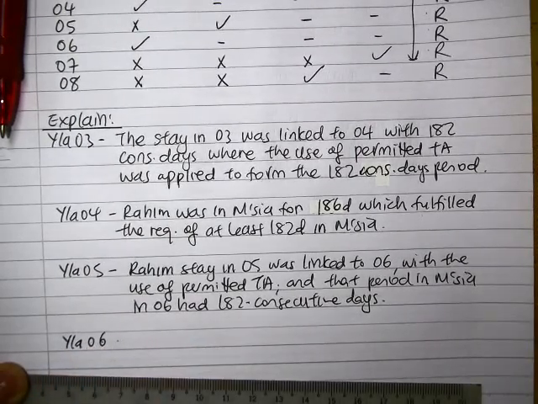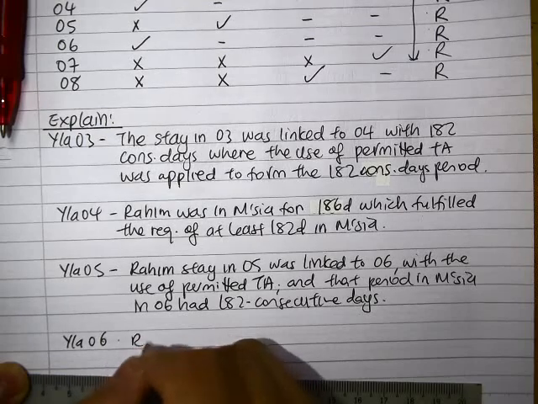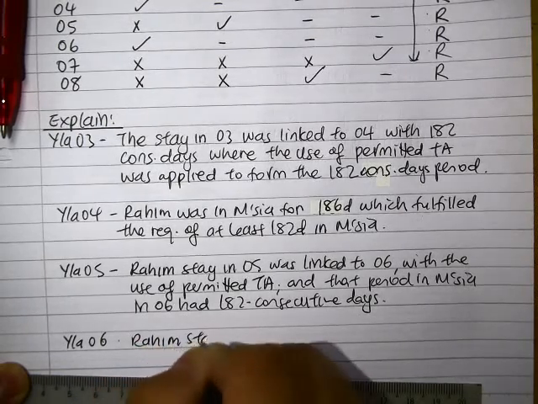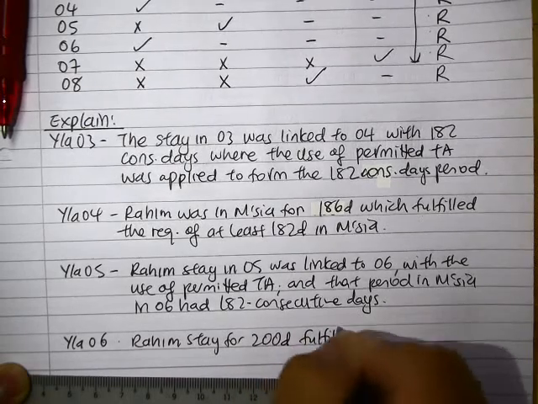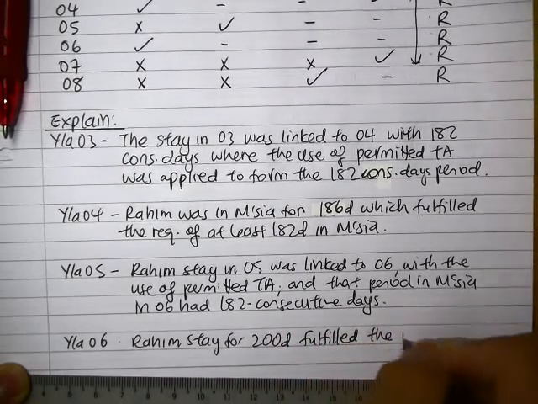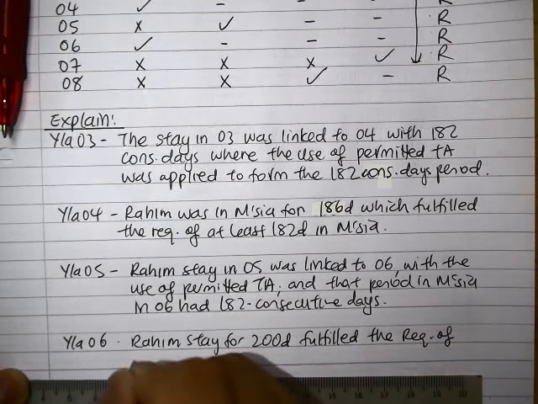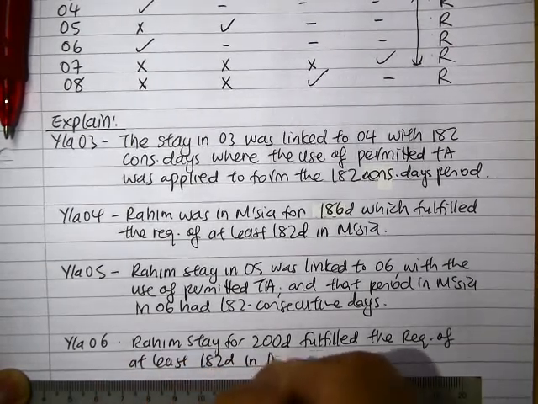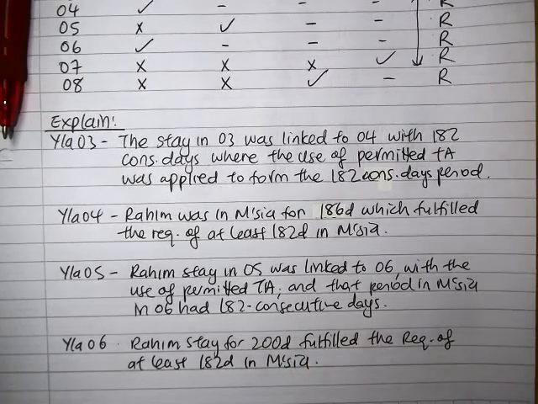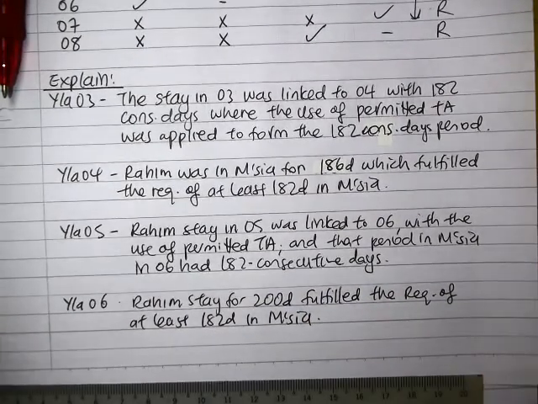Now why 06 again? Rahim stayed for 200 days, fulfilling the requirement of at least 182 days in Malaysia.